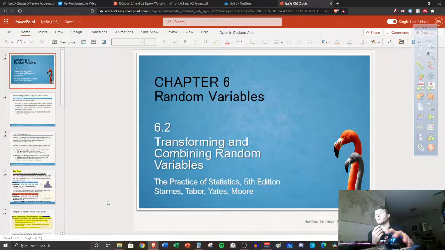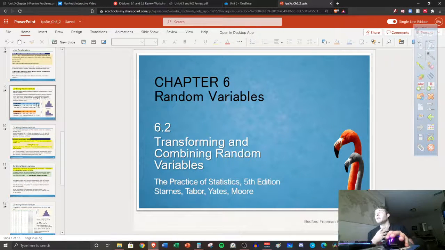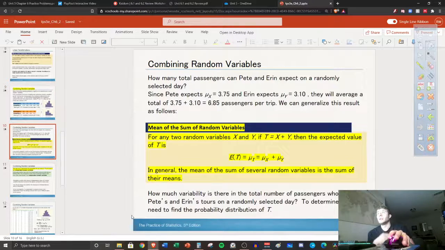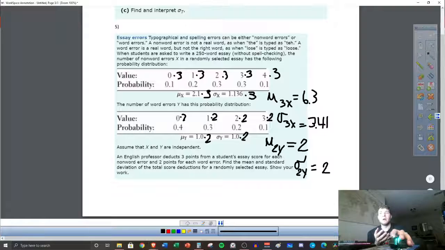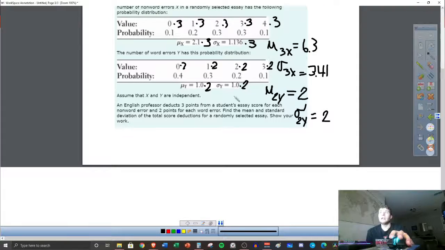So in our notes, when we combine random variables, this was the rule. So the sum of random variables, we can just add the means together to get that. All right, the mean of several random variables is the sum of their means. So we can just take these two means. So the mean of 3x, 3 times the random variable x plus 2 times the random variable y.